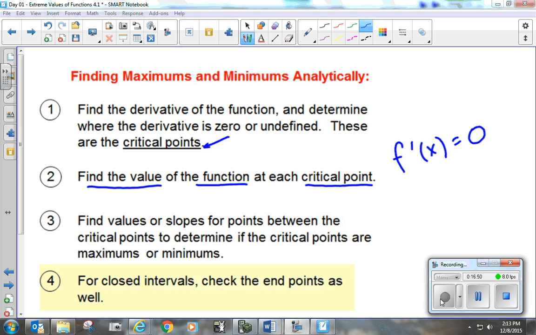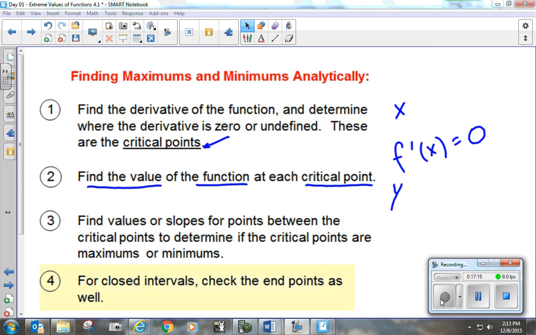And once we have those, we find the value of the function. So here, we're going to find the x's, which will give us a 0. And then, well, we got to find the y's, don't we? X's and y's. Find the values of slopes for points between the critical points.